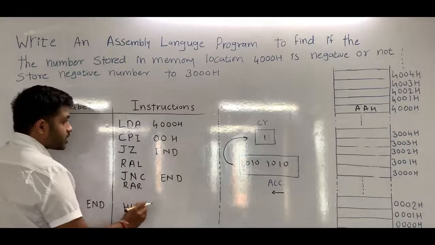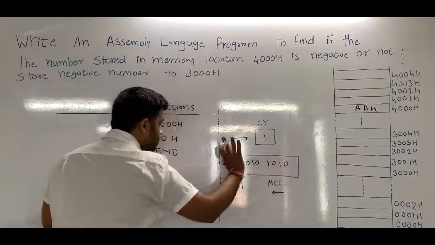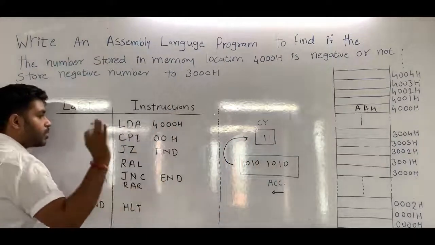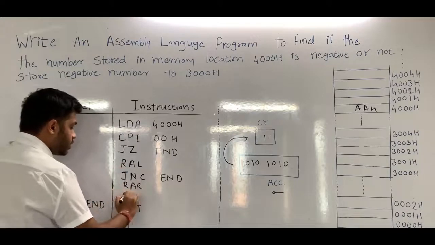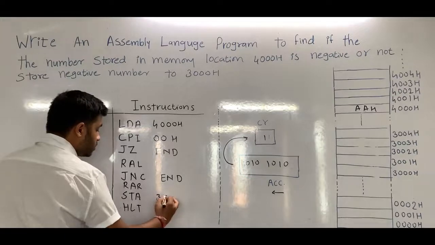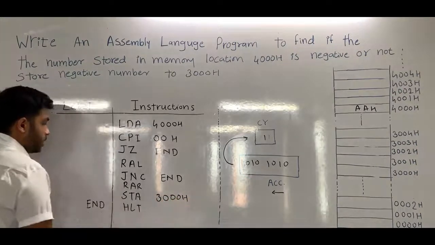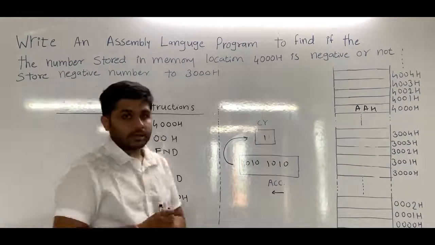When we use the instruction RAR, this carry will be shifted here and all the bits will be shifted back. So in the accumulator we will get the original data. After shifting, we will store the data into which memory location? STA 3000H.